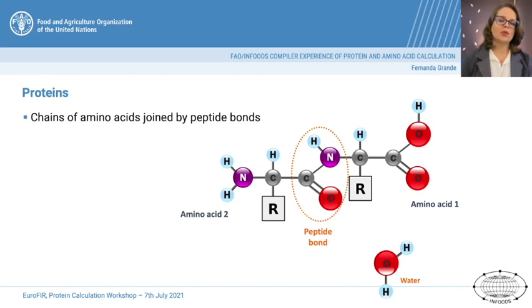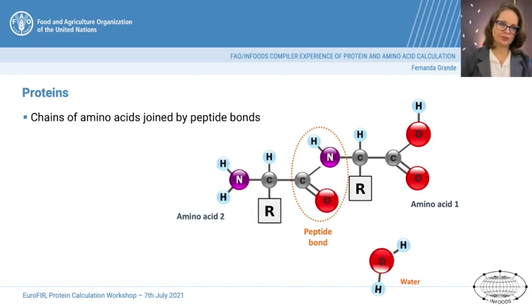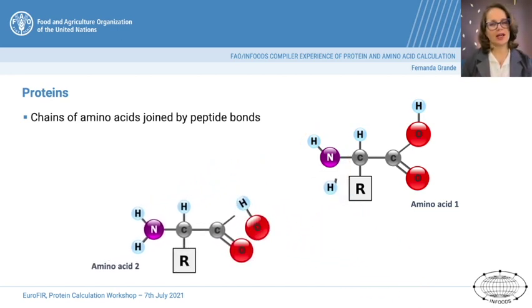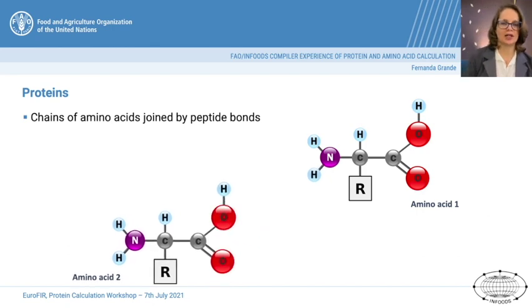So if we want to quantify protein in foods, we should do the other way round. We should hydrolyze proteins to their component amino acids, which can then be quantified. The sum of the amino acid residues will represent the protein content of the food, in this case measured directly by weight. This should be the preferred approach to quantify proteins in foods.